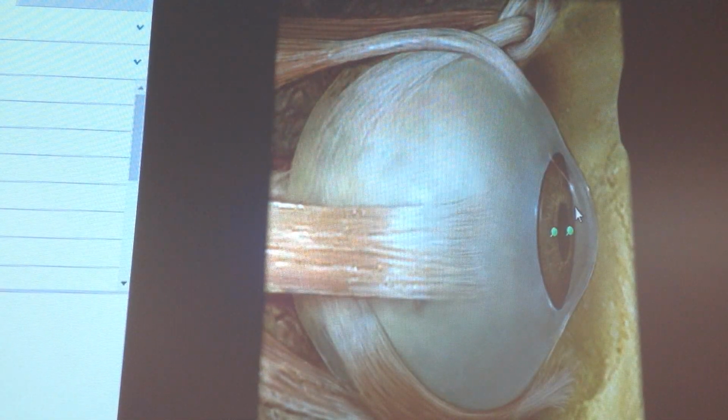So the reflexive response is going to be a pupillary reflex, and that pupillary reflex is going to reduce the size of the pupil, and obviously that's going to reduce the amount of light entering the eye, and that has a protective sort of function to it.